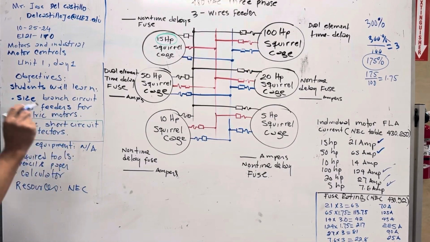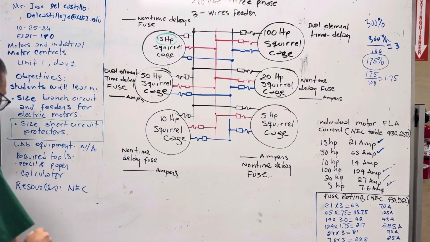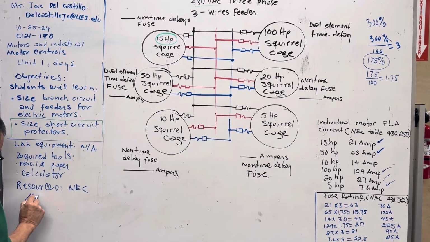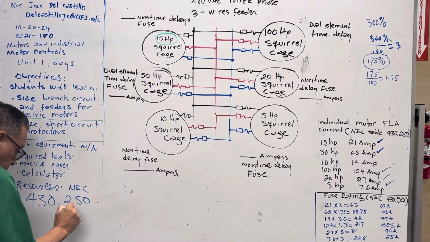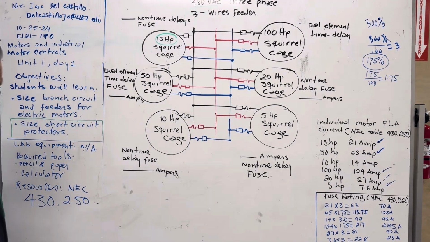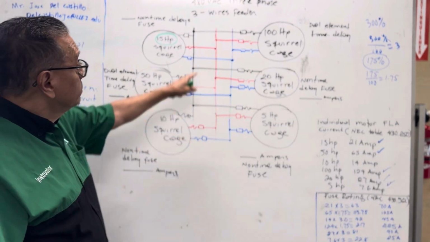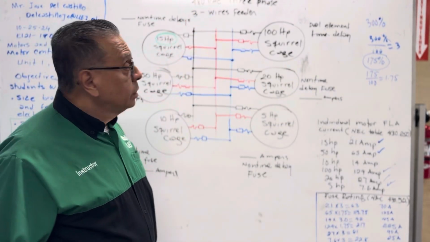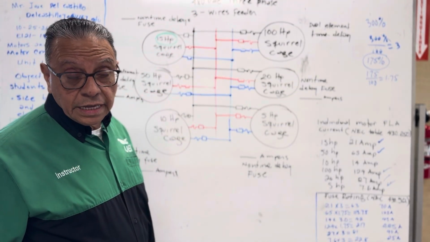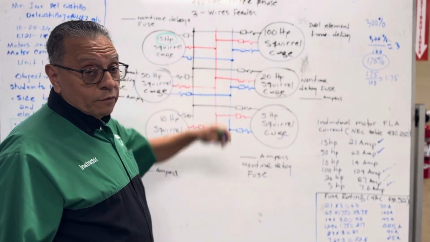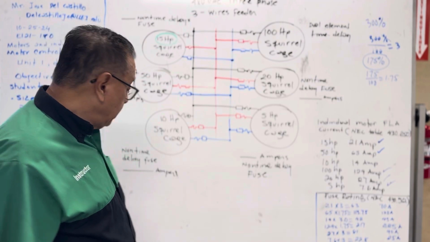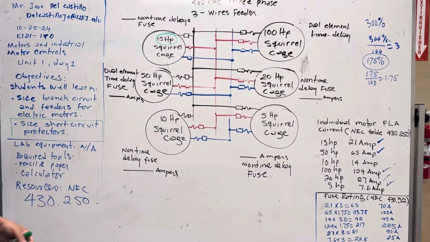For electrical motor, to determine the full load ampacity, 430.250, three-phase electrical motor. Then you have to determine the voltage that you will be applying to the electrical motor. In this case, 480 three-phase.